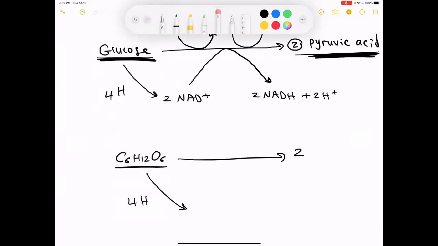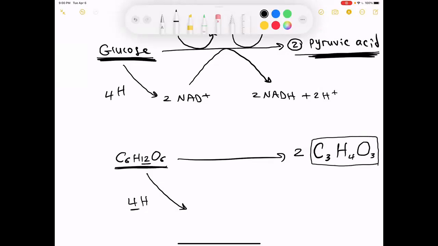So I'm expecting the molecular formula of pyruvic acid to be C3. Again, 12 hydrogen, but I'm taking 4 hydrogen, so I have 8 hydrogen divided by 2, 4. And I have 6 oxygens divided by 2. So that's what I'm expecting the molecular formula of pyruvic acid to be.